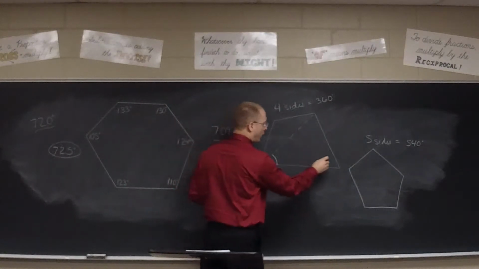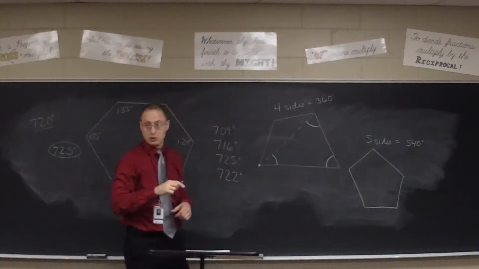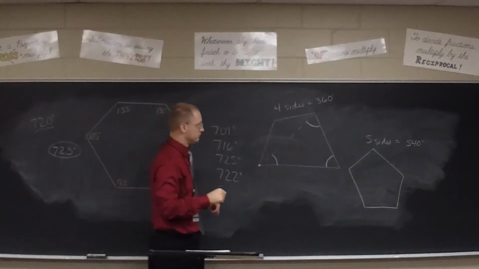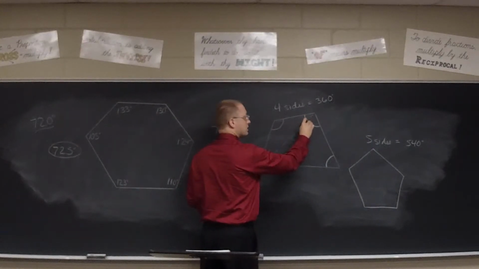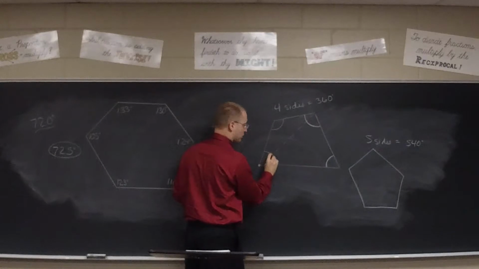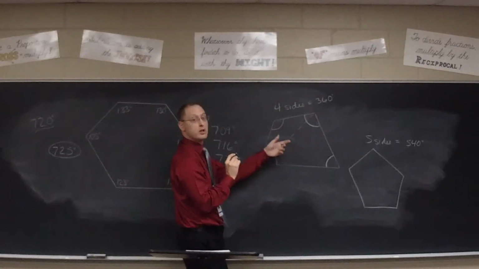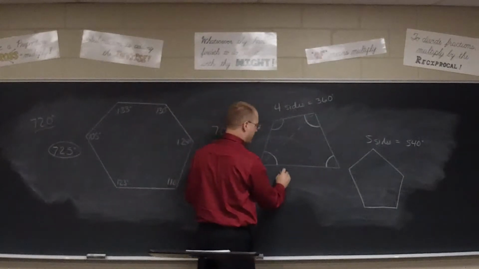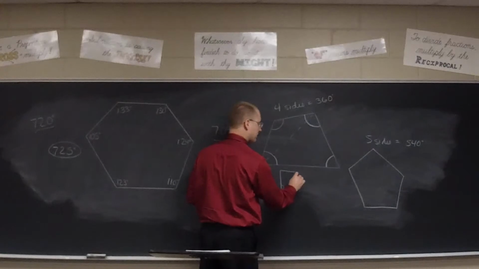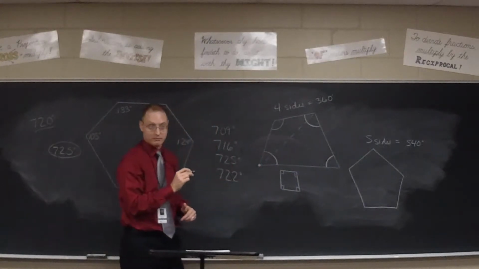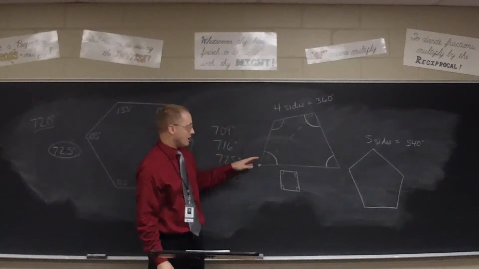The angles of a triangle should add up to 180, so the two triangles, 180 plus 180, would add up to 360. Another way you could think of that is if you wanted to think of a square or a rectangle, 90 plus 90 plus 90 plus 90 would have to be 360. But the better reasoning is because you draw that diagonal.